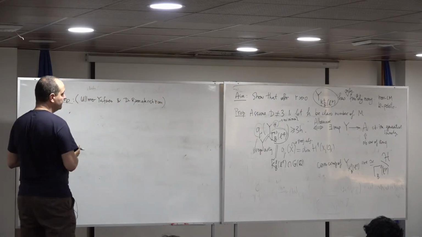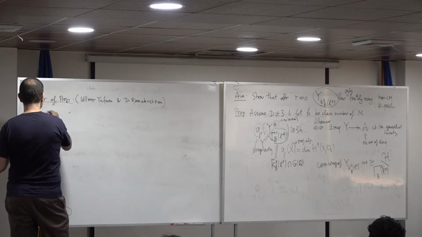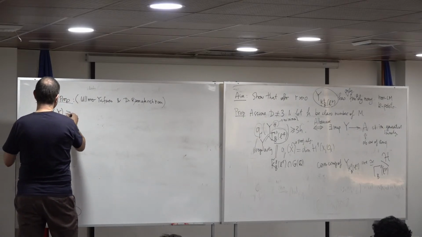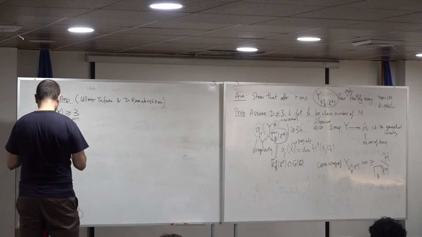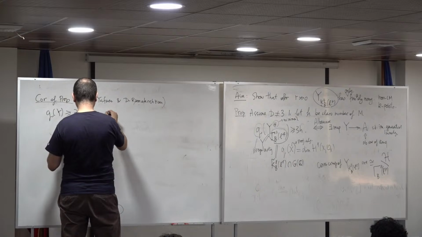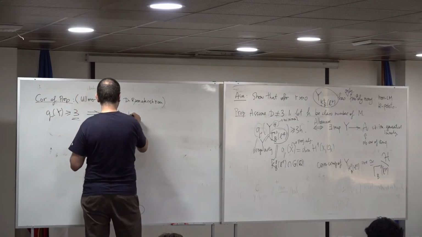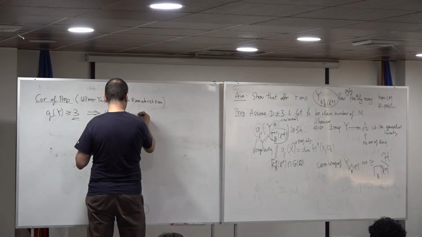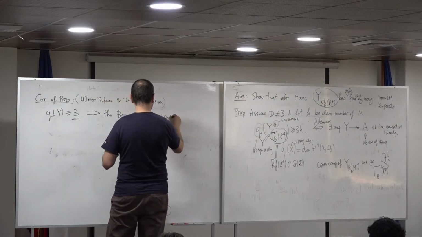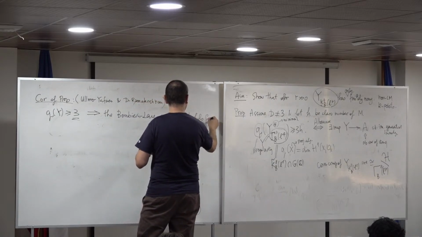So if you have a surface such that the irregularity is at least 3, that is enough, it implies that the Bombieri-Lang conjecture holds for y.